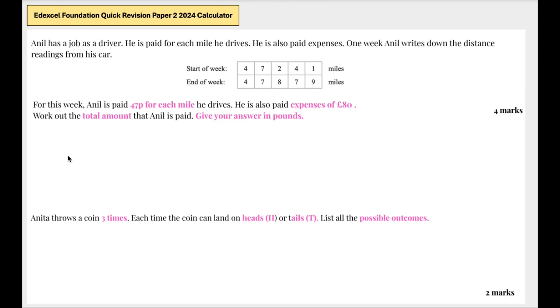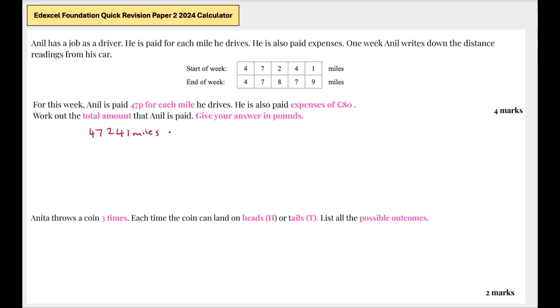So the first thing we need to do is to find the total distance at the start of the week. So for the start of the week, the total distance was 4,721 miles.